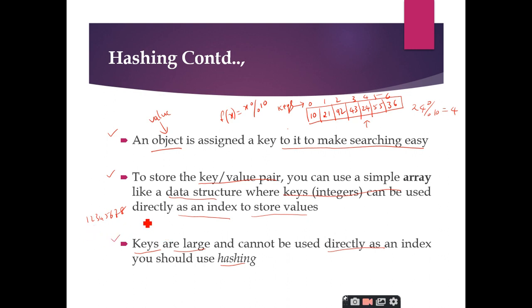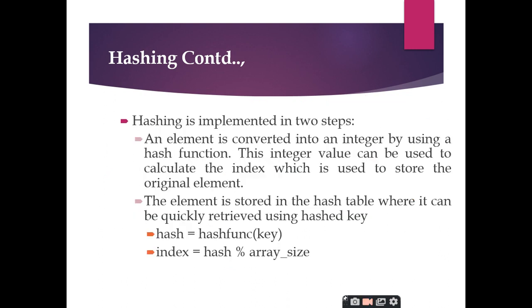If I use this hash function, I will get the result as 8 only. When the key values are very large, you can make use of the hash function because these large values cannot be directly used as indexes of the array. The array index always ranges from 0 to n minus 1. This is the common point which everybody knows if they know the C programming language. Is it clear up to this point?